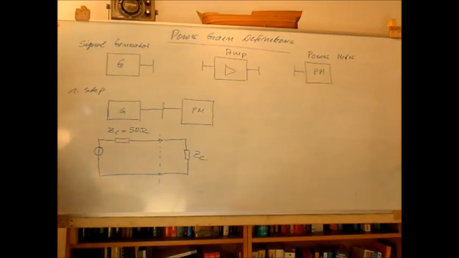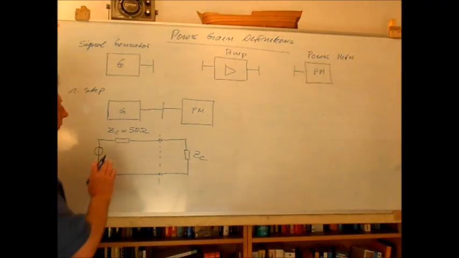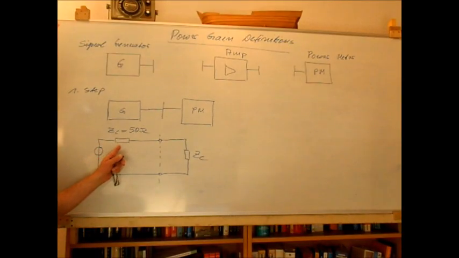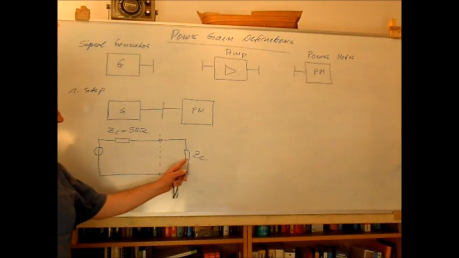This means now we have here a 50 ohm characteristic impedance and here a 50 ohm characteristic impedance.